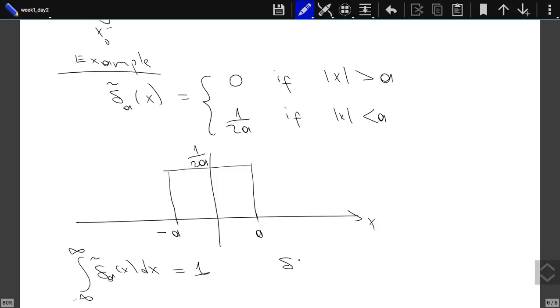So Dirac delta of x is actually the limit as a goes to 0 of this new function that we had defined. Just take any function whose area below its graph is 1 and make it narrower and narrower, in the limit that its width becomes 0, it becomes a Dirac delta.